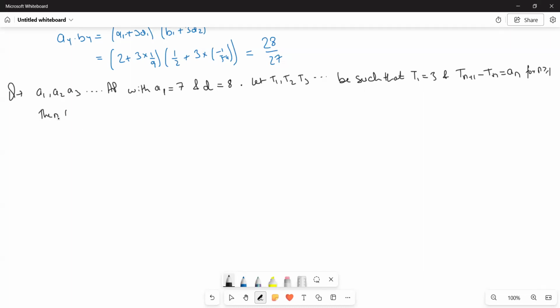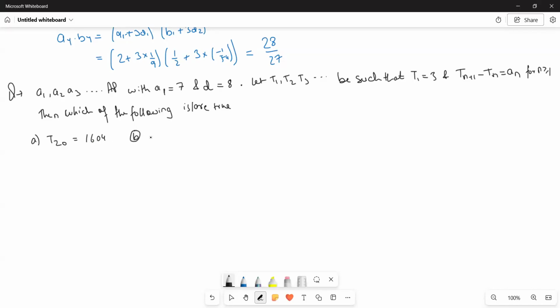Then which of the following is/are true? Option A, T20 is 1604.